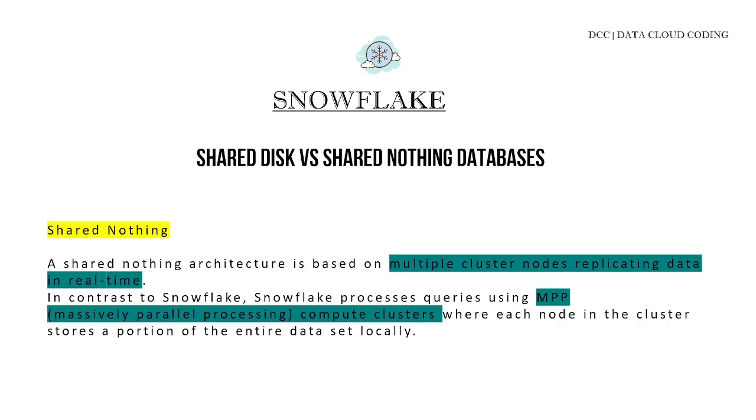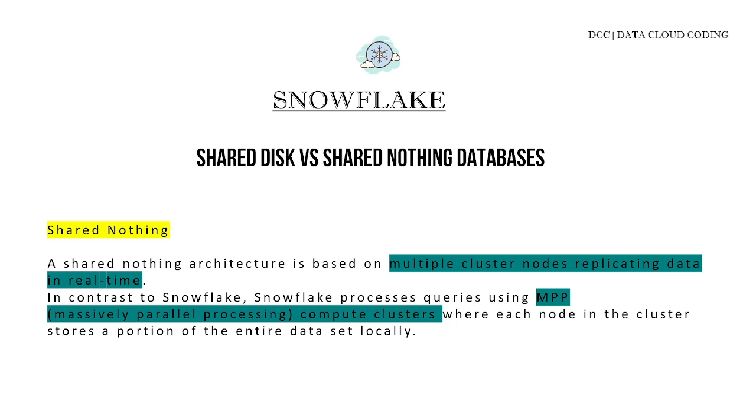Now let's talk about shared nothing database architecture. A shared nothing architecture is based on multiple cluster nodes replicating data in real time. How does that come in contrast to Snowflake? In contrast, Snowflake processes queries using MPP compute clusters, that is massive parallel processing compute clusters, where each node in the cluster stores a portion of the entire dataset locally.